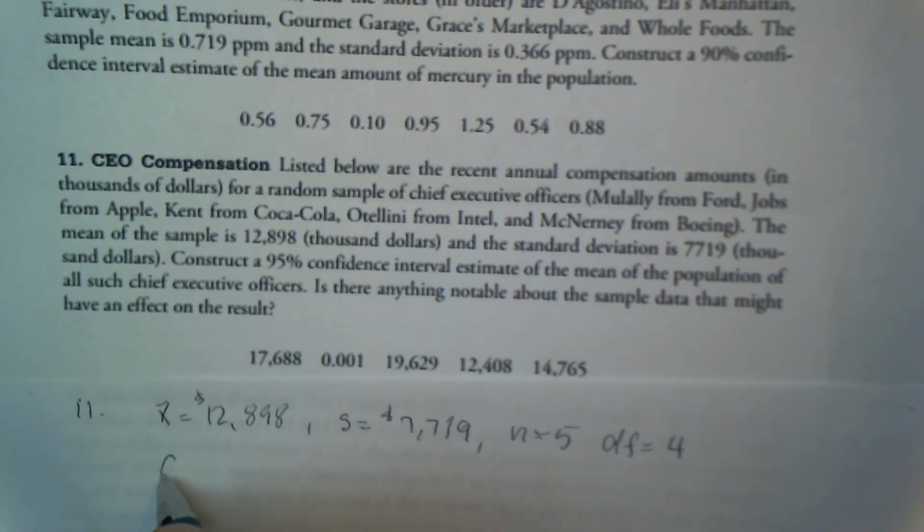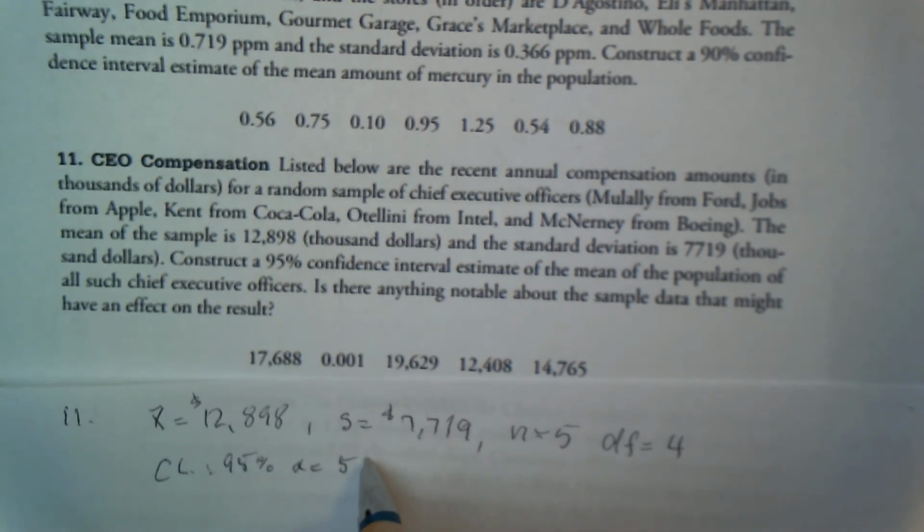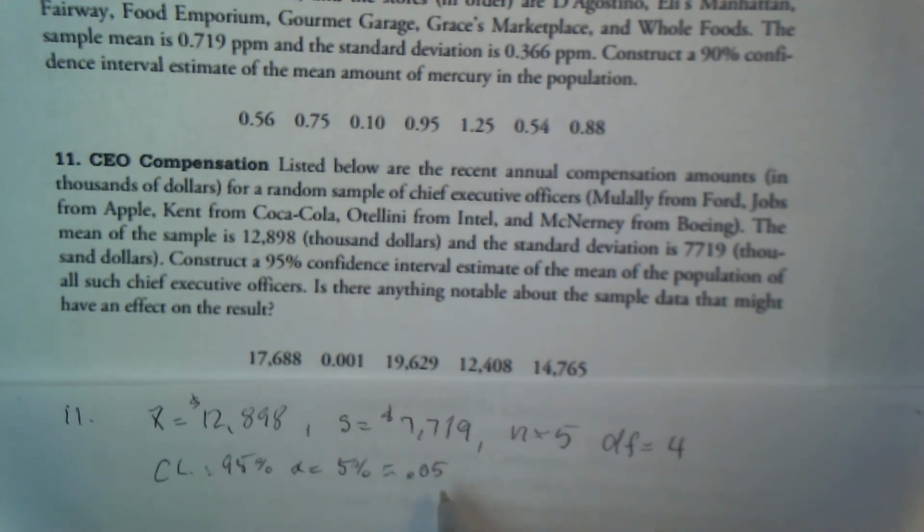And our confidence level is 95%. So alpha is equal to 5%, or 0.05, and then alpha divided by 2 is equal to 0.025.